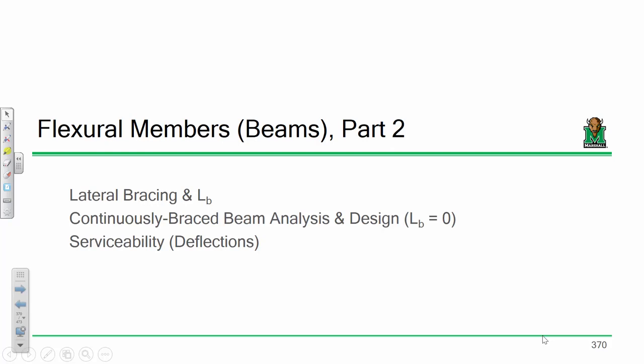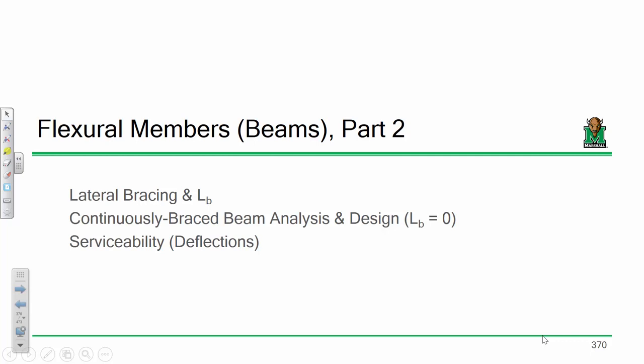In other words, let's take the case up top. When I was loading the beam right in the middle, I was loading it such that this distance right here, which is L over 2, right? We have a name for that. We call it the unbraced length, or LB.